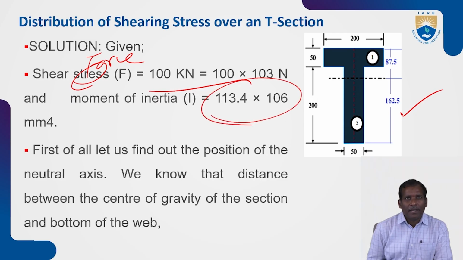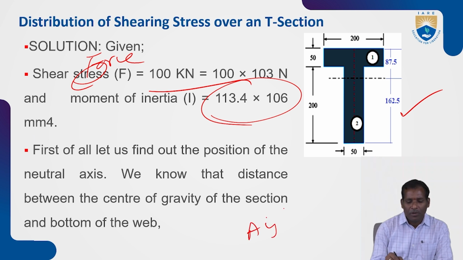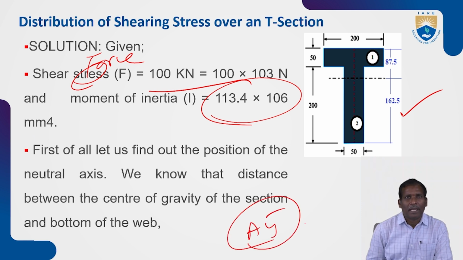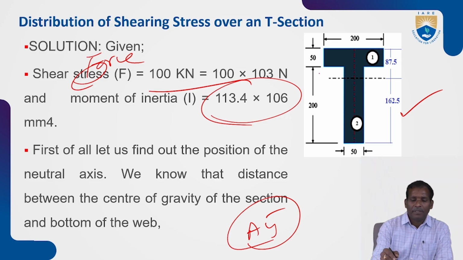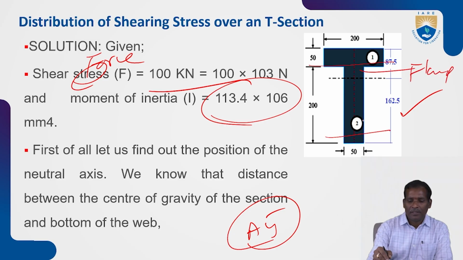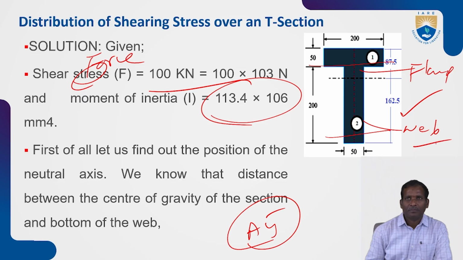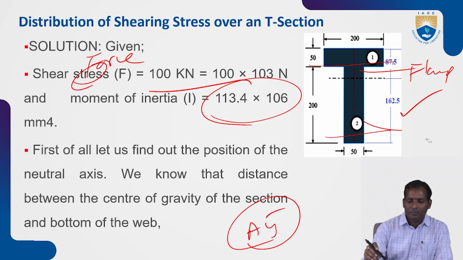First of all, let us find out the position of the neutral axis. What is the position of the neutral axis from its center of gravity? We know the distance between the center of gravity of the section and the bottom of the web. First the given section is divided into two portions, 1 and 2. So this is the flange and this one is the web.